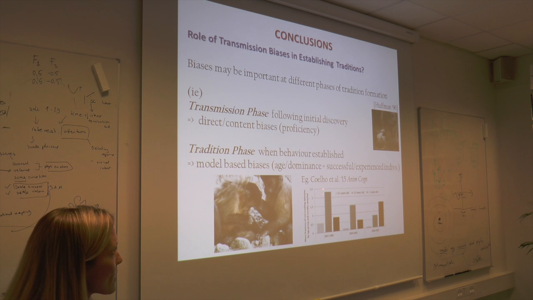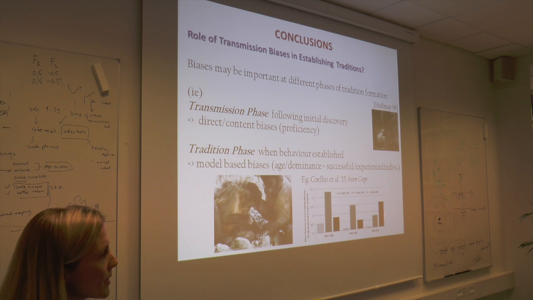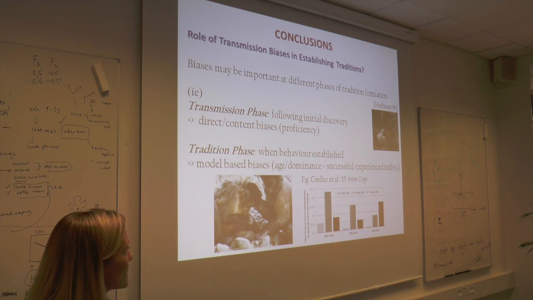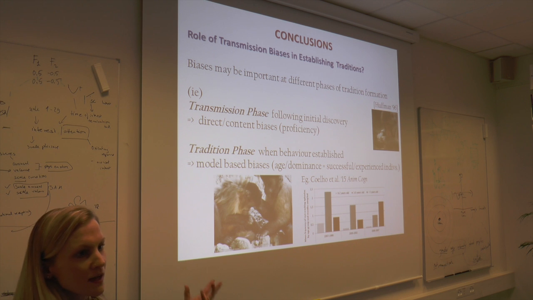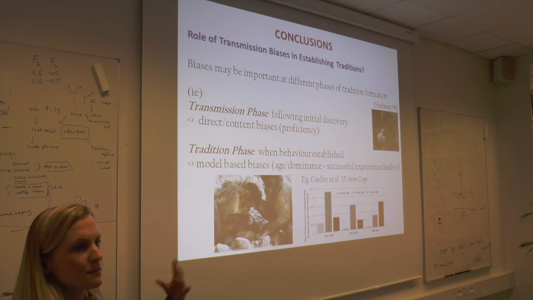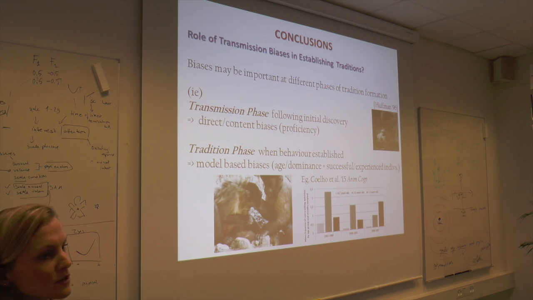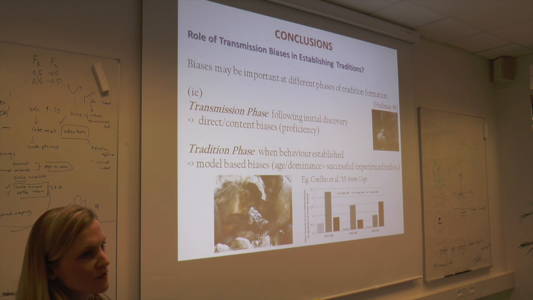Most individuals who were nut cracking were between 2 and 5 years old. 10 years later, those individuals have grown up and are adults, and what she found was that in '97, individuals observed according to the skill displayed by other individuals. So it didn't matter what age they were, juveniles or not, it was to do with proficiency. 10 years later, everyone just observed adults. It didn't matter whether they were proficient or not. That was the key transmission bias.